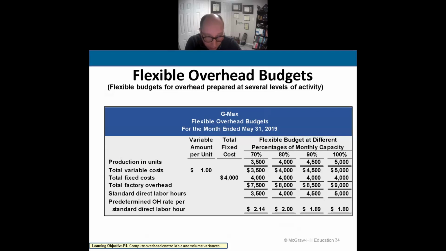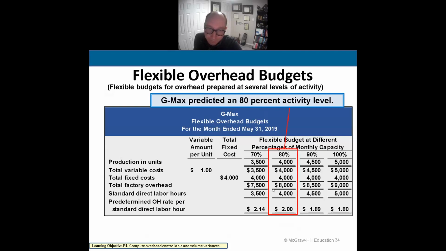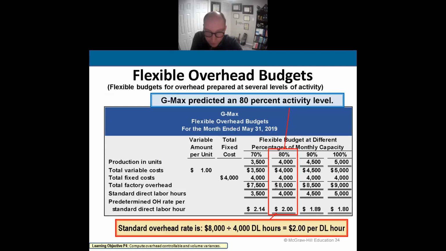Total factory overhead divided by the direct labor hours gives us the predetermined overhead rate. We can do that based off of capacity in this example. Capacity is our metric here. Predict 80%. We'll take total factory overhead divided by the direct labor hours, giving us $2 per hour of factory overhead.